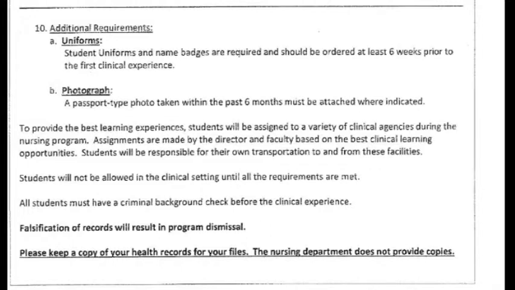Number 10. The Kent ADN program has certain uniforms. These are different from the Kent BSN, Bachelor of Science Nursing uniforms. You will receive information on what is required. Note the 6-week order delivery time frame. Summer LPN transition classes do not have a clinical component.